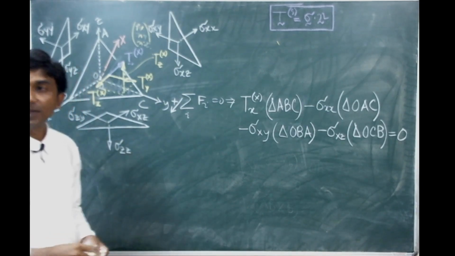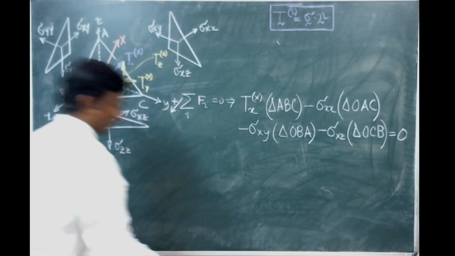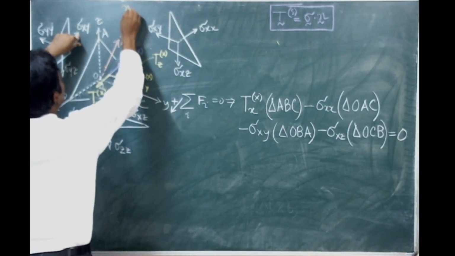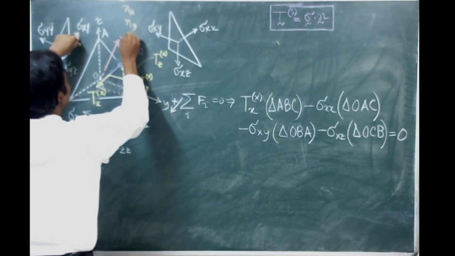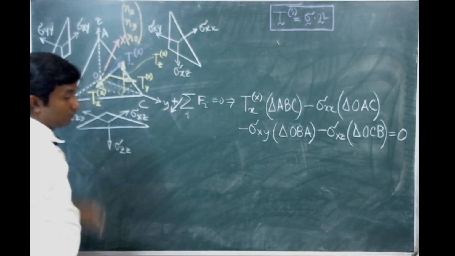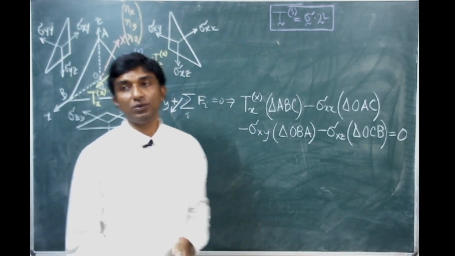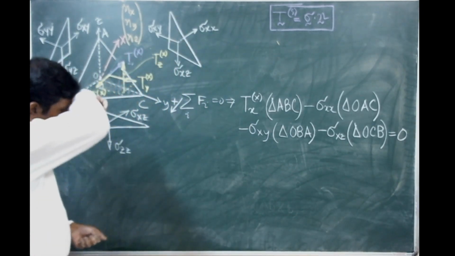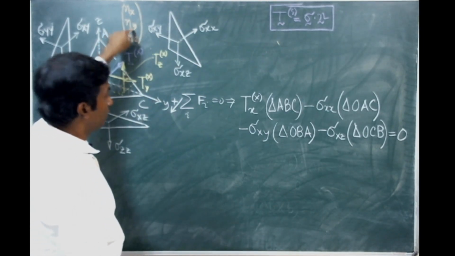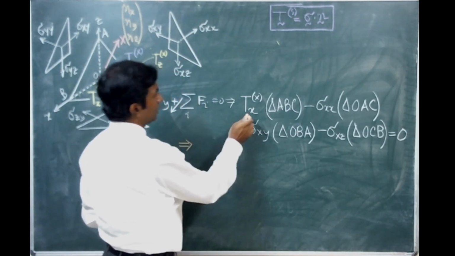This is the unit vector which is aligned with the capital X direction. With the help of this direction cosine, one can establish this condition.